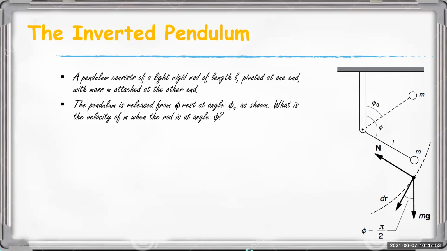Here, the pendulum is released from rest at an angle phi 0 as shown. What is the velocity of m when the rod is at an angle phi?